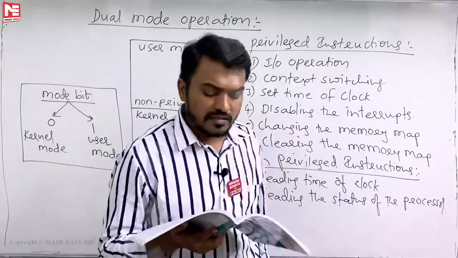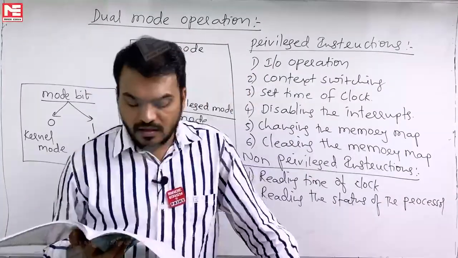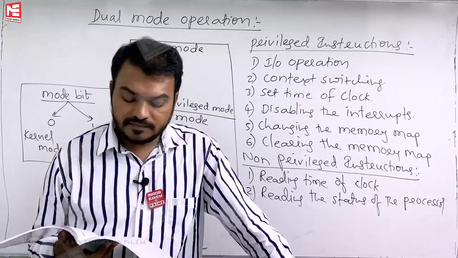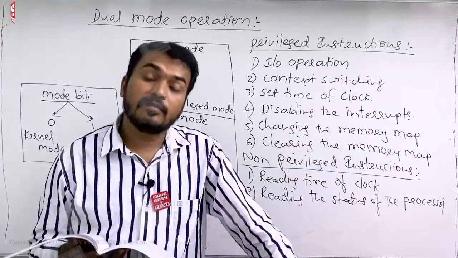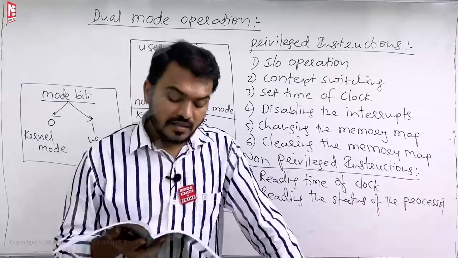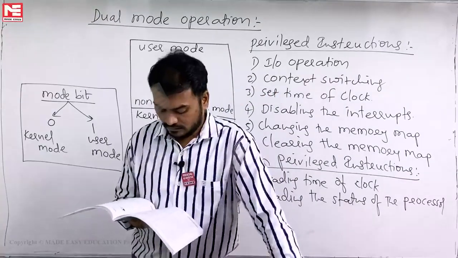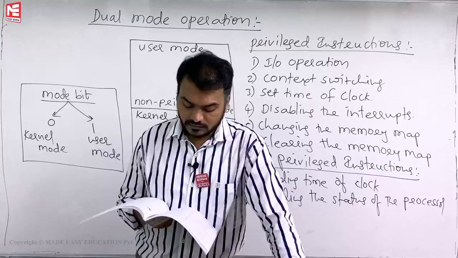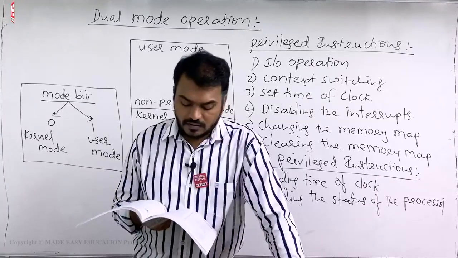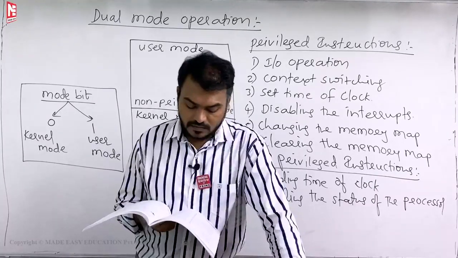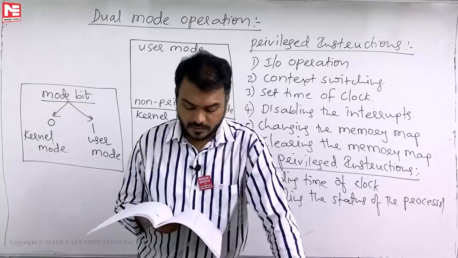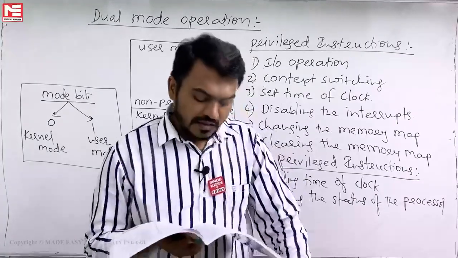So these are all the privileged instructions executed in the kernel mode. Okay, question number 20, read it. Those who have not read yet, pause my video and solve it now.